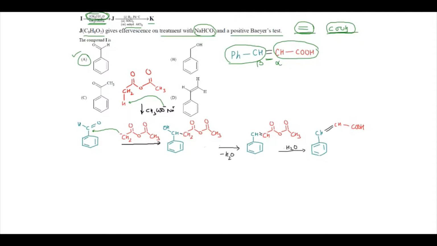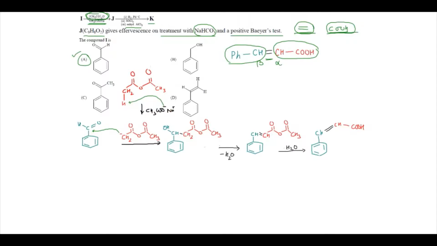The reaction mechanism is given here, where you can see, let me take the laser pointer, that this is the acetic anhydride. It is reacting with sodium acetate, which is acting as a base and taking a proton from the acetic anhydride.